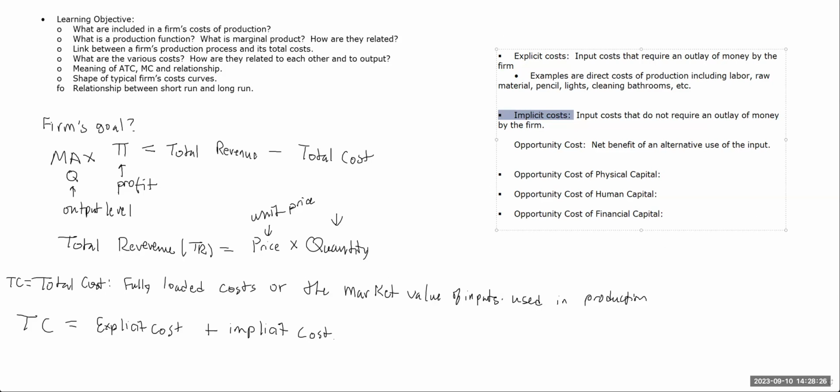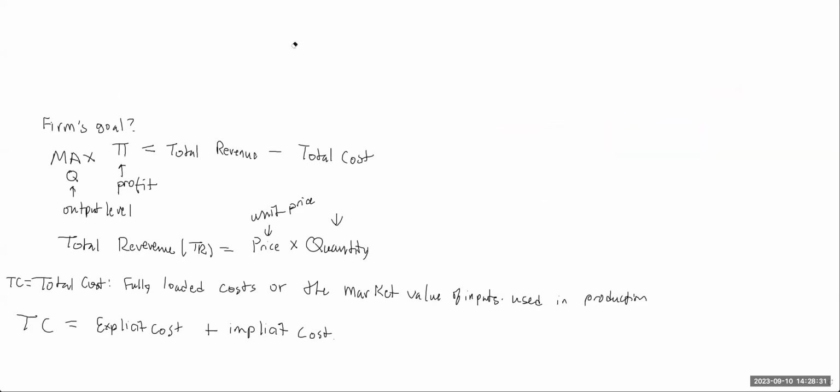So I'm going to erase some of this. So for an economist, let's say total cost for an economist is equal to cost explicit plus cost implicit.